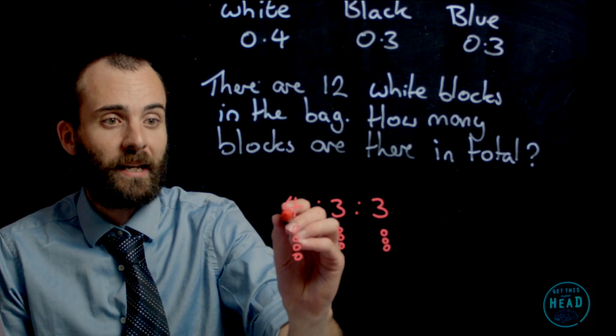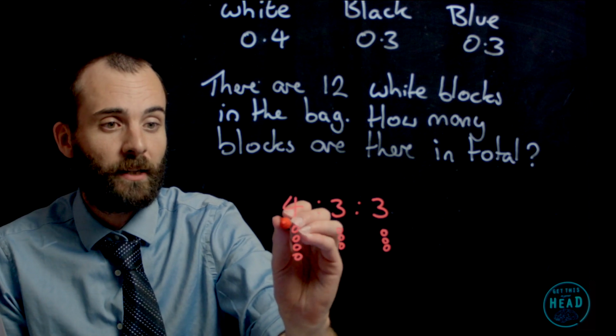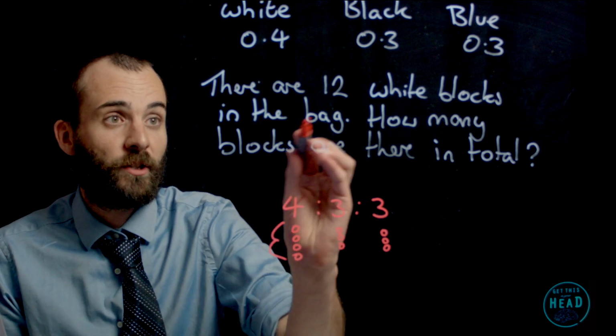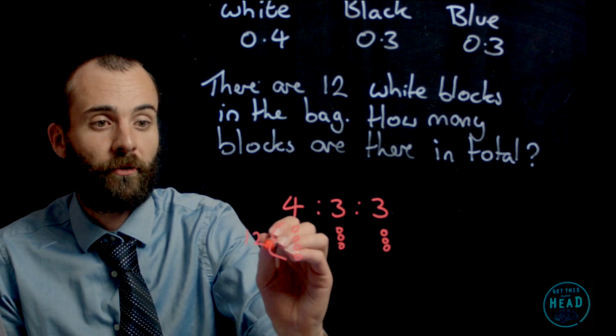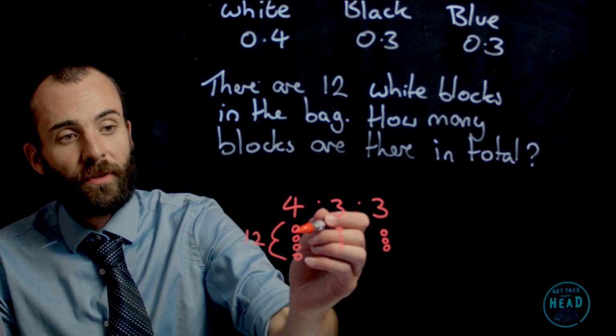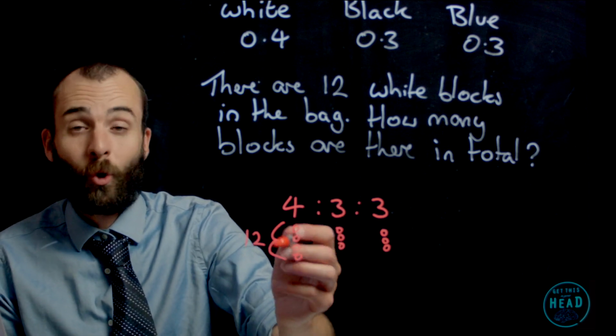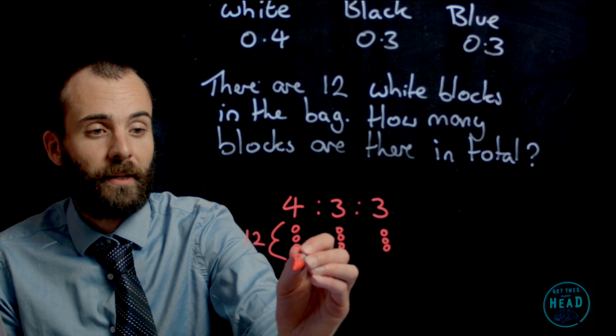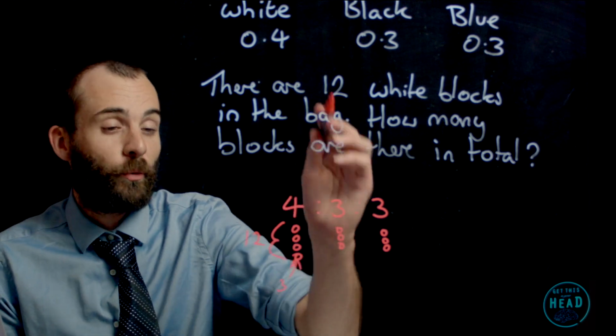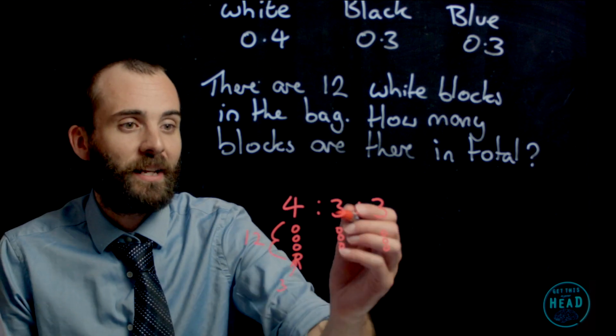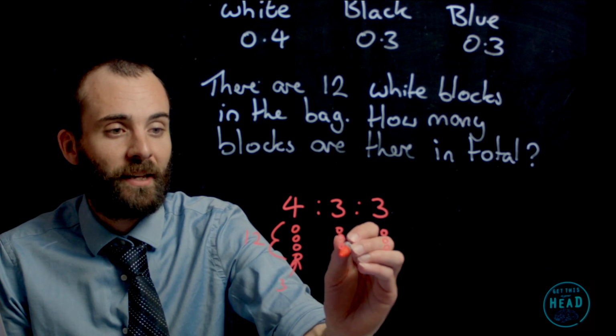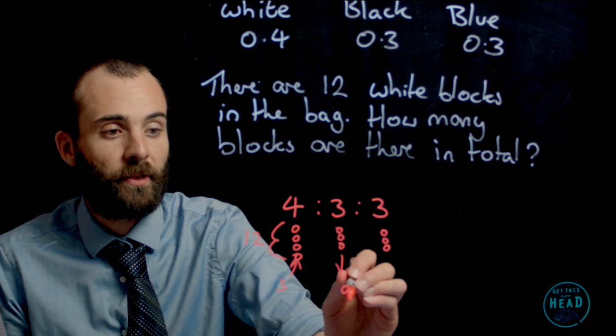My white here, this is my 4, so that there is a total of 12. So each of these blobs must be a quarter of 12. A blob then must be worth 3 blocks. And if I've got 3 lots of 3 here, this whole section must be worth 9.